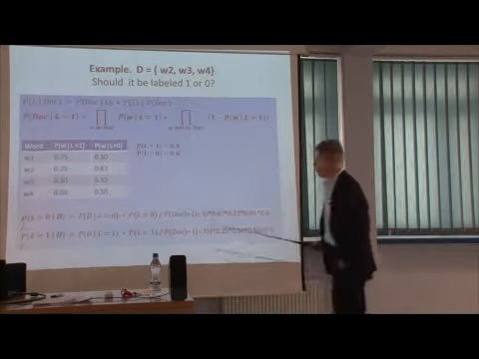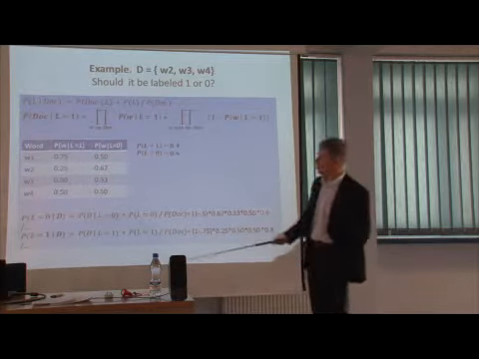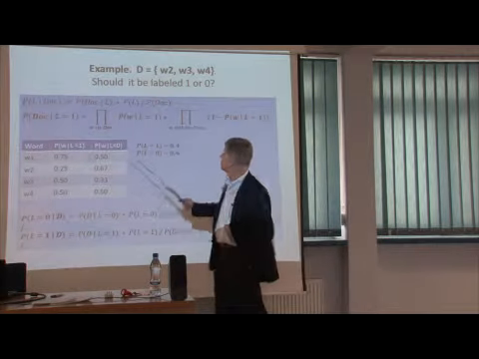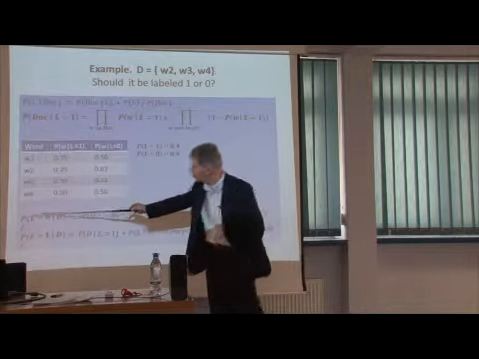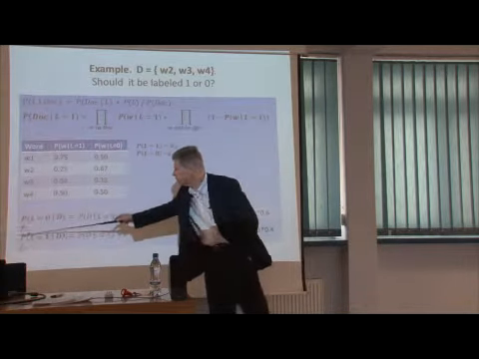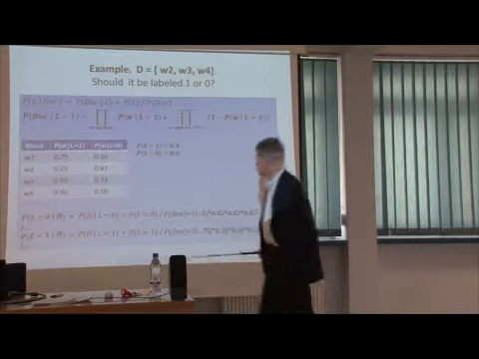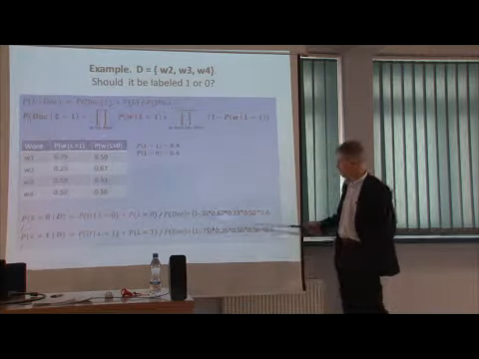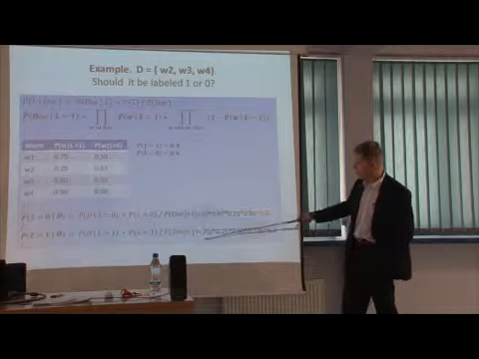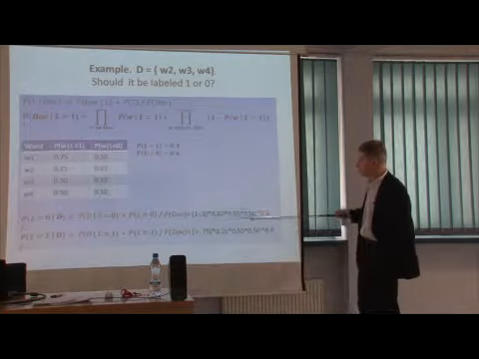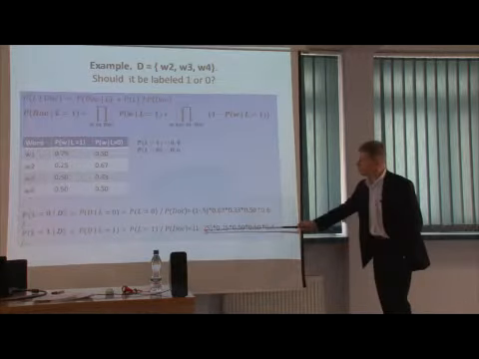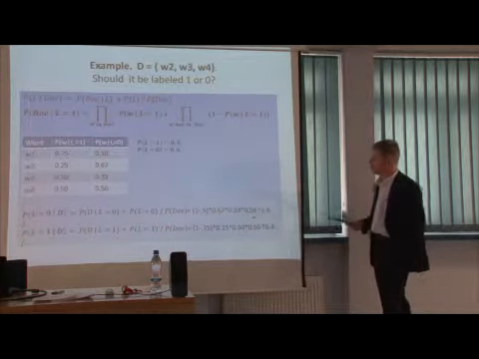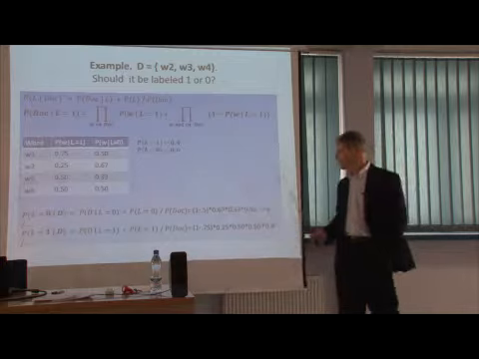For the document D, we're going to compute it for label 0 and do the same computation for label 1. We're going to get this expression for label 0 and this expression for label 1, and maybe someone can tell me which one is bigger.